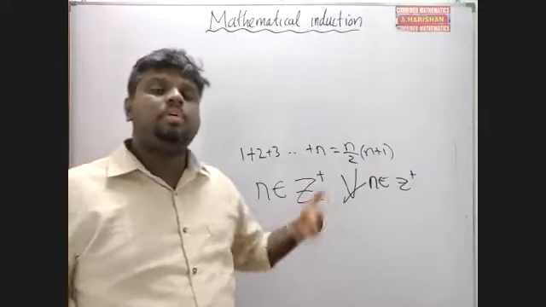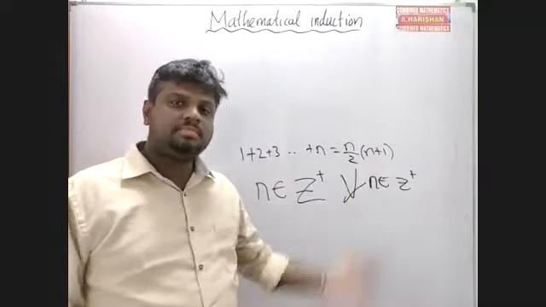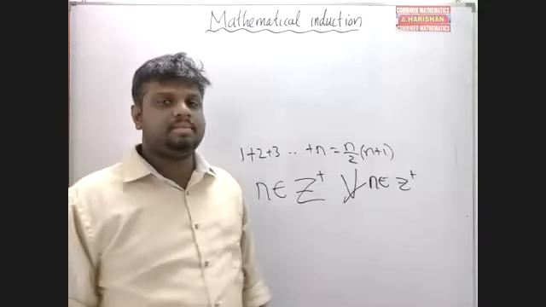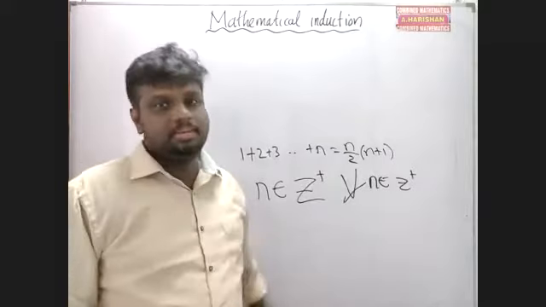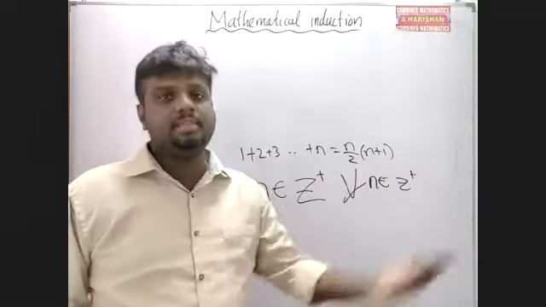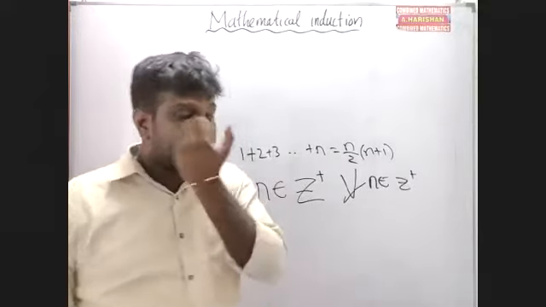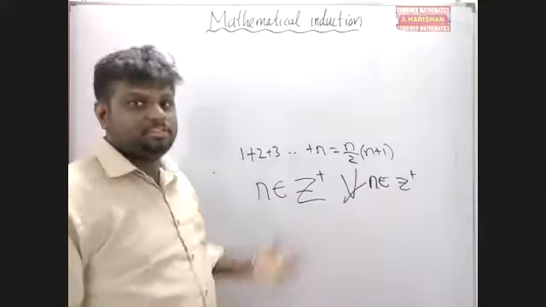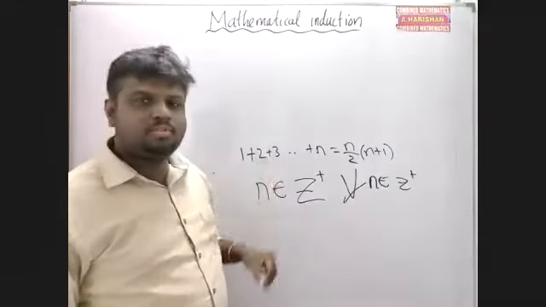How long are we going to go? 4, 5, 6, 10,000 numbers, infinity numbers, you can't do that. And it may be wrong after a certain number, we don't know. It may be correct only for a few numbers.